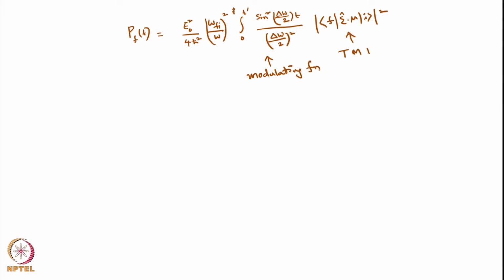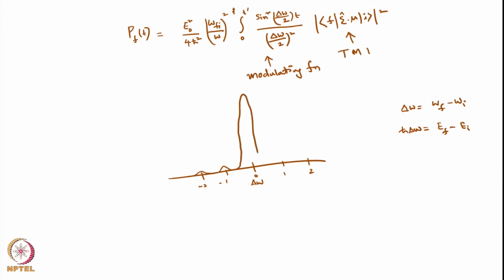Now when you plot this modulating function as a function of delta omega, where delta omega is nothing but omega f minus omega I, and h bar delta omega is equal to Ef minus Ei, in that scenario this will look like this. Something like that.